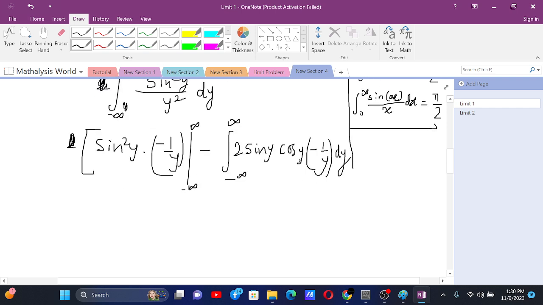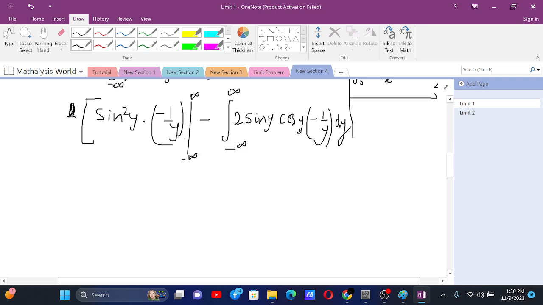Now if we evaluate this at infinity, sine of infinity lies between minus 1 and 1, but we have y in the denominator, which is really big. So this will be just 0, and then minus 0, so that goes to 0 obviously.